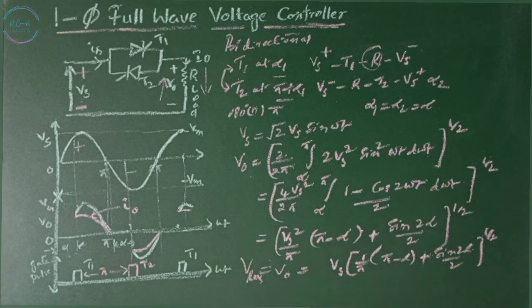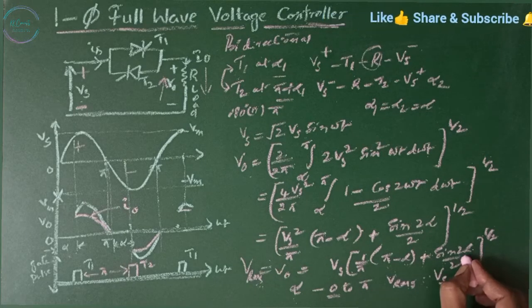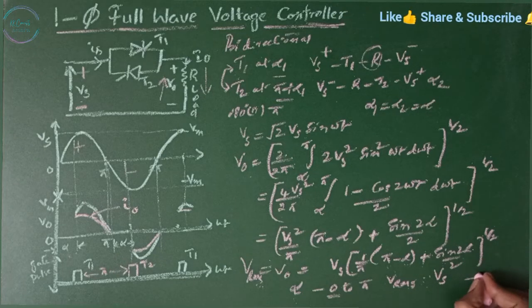So by varying alpha from 0 to pi, we can vary VRMS. If alpha equals 0, pi by pi gets cancelled, and sine 0 is 0, so this is also 0. Then we will get Vs. If alpha equals pi, pi minus pi is 0, this is also 0, then VRMS will be 0.